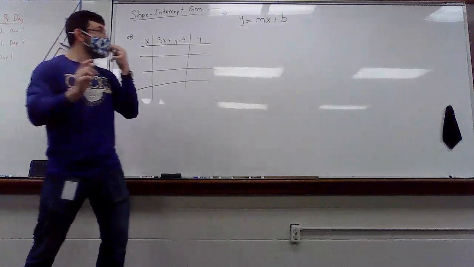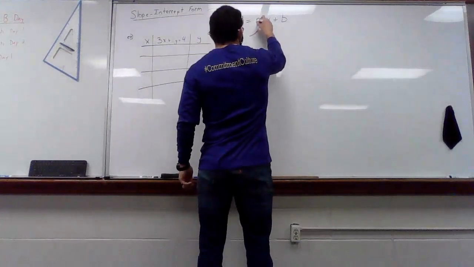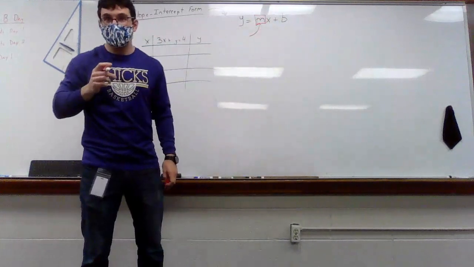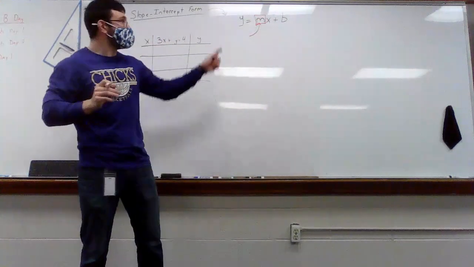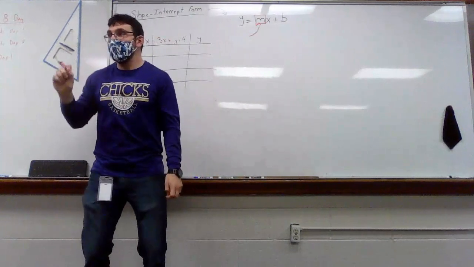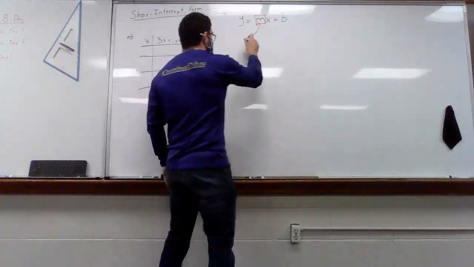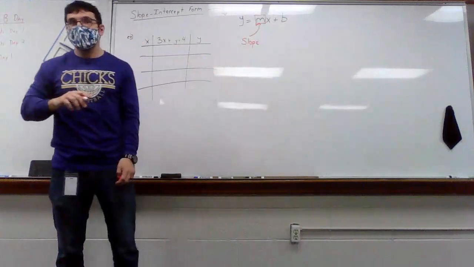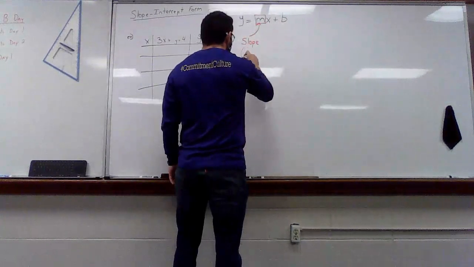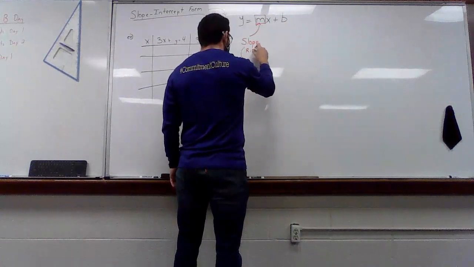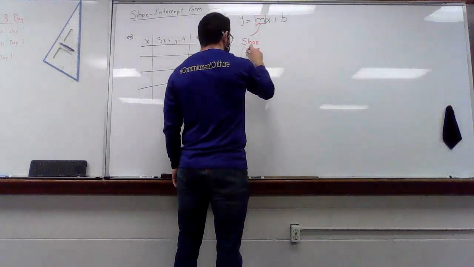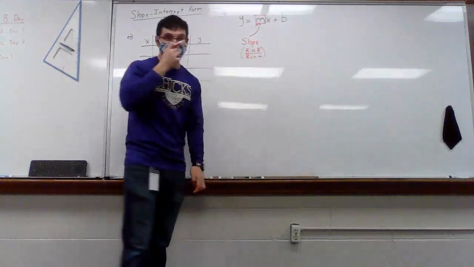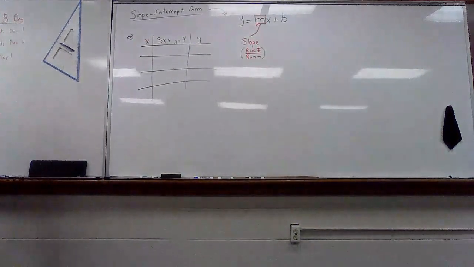M. Just M. Our slope is just M. The x is an ordered pair, the y is an ordered pair. M is slope. And then underneath slope, I'm going to put what slope is. It's rise, which is both up and down, divided by run, which is to the right for us. It's left and right, but it's to the right for us.